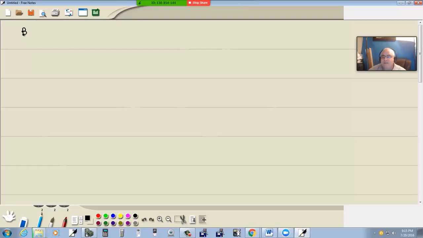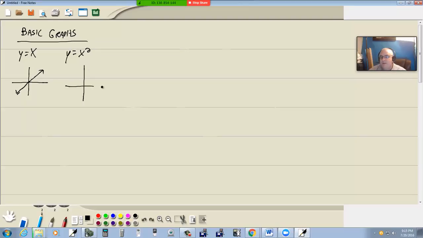We have our basic graphs. These are ones you see in any standard college algebra class. We have y is equal to x, which looks like this. We have y is equal to x squared, which looks like this.